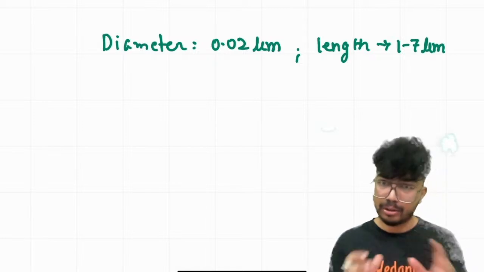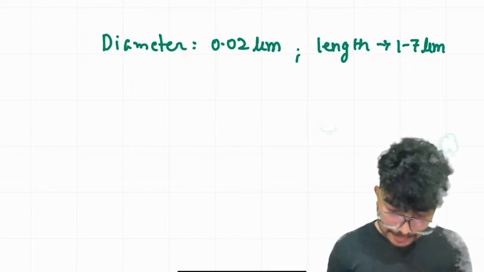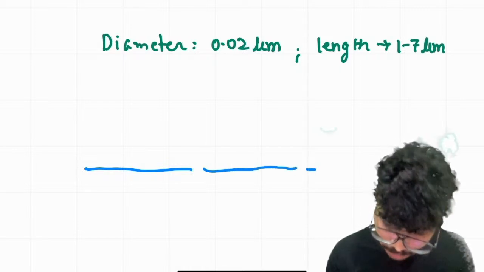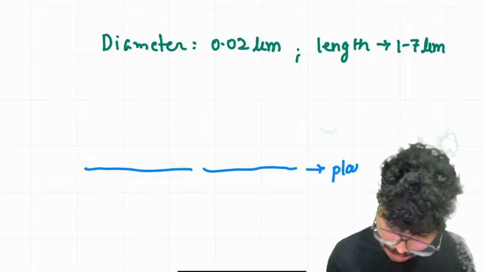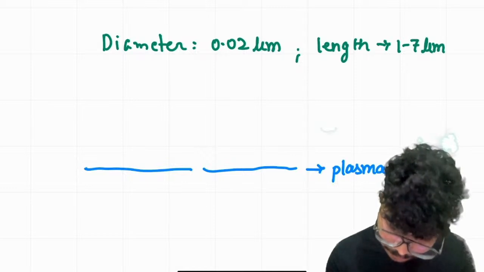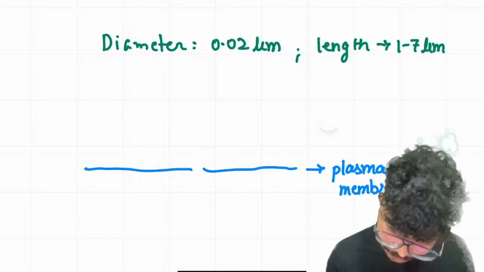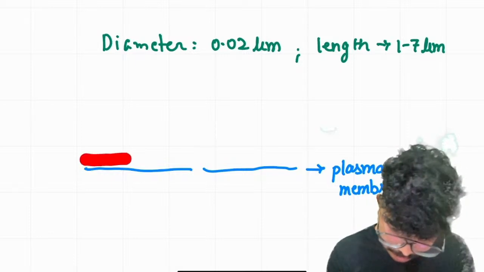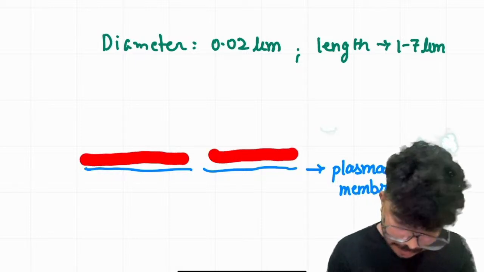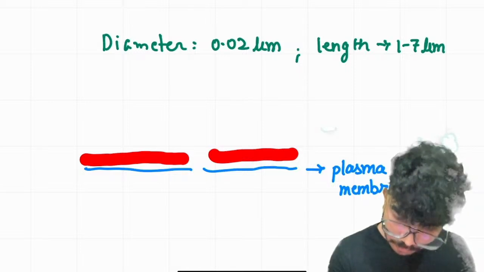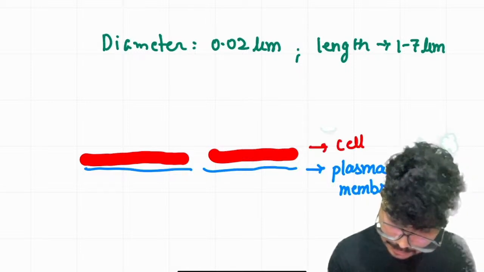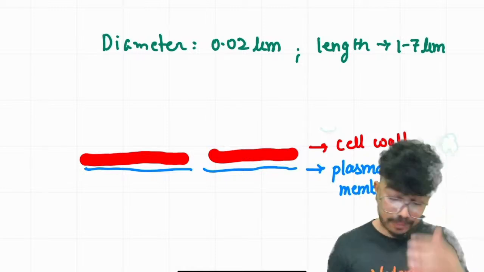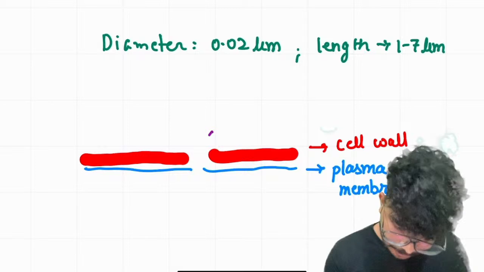Okay, better I draw the structure for the same. So let's say this is the plasma membrane. So the blue line denotes the plasma membrane. Then I'll just draw a thick line. This is the cell wall. And with the help of, let's say, purple color, I can draw the rest of the part.